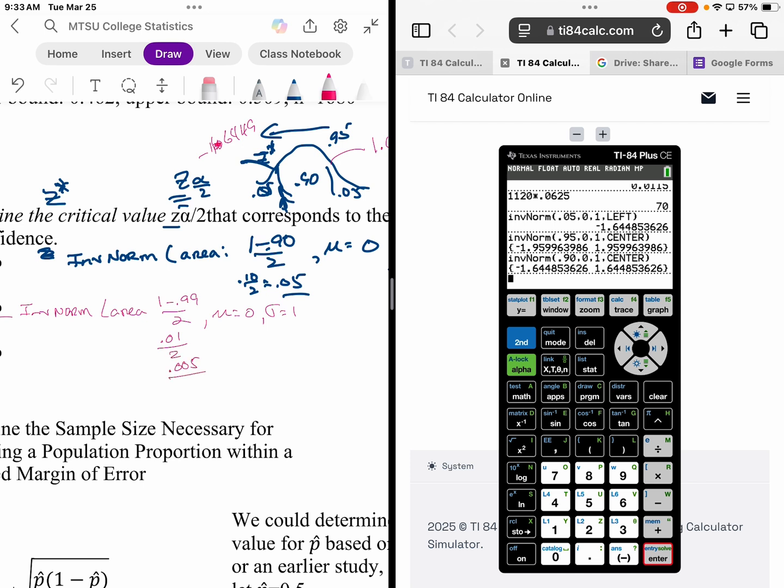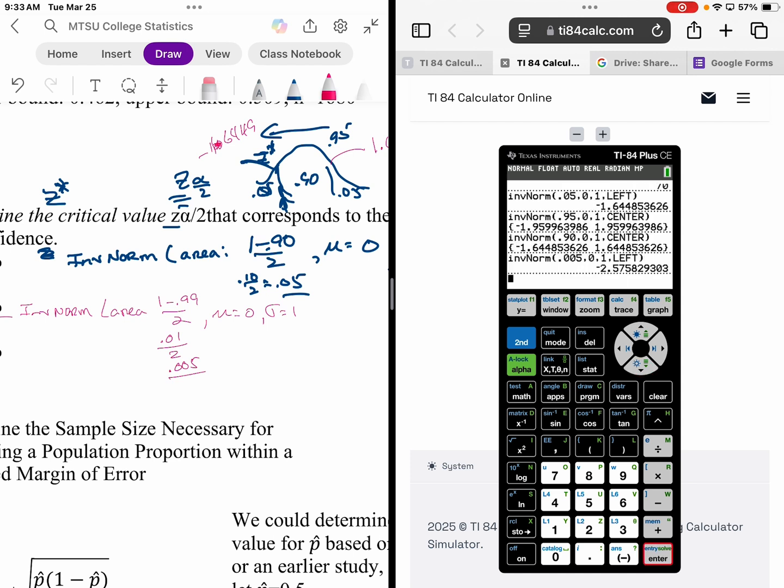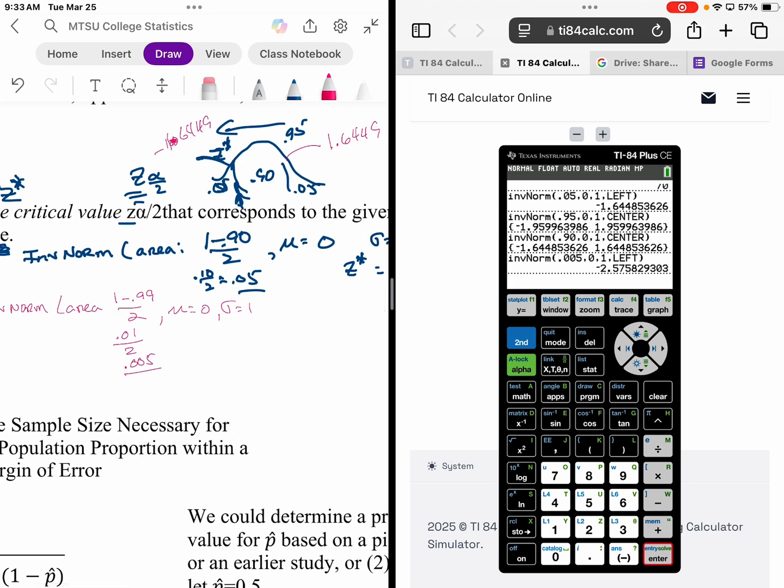That is what the area is to the left, 0.005. So second vars down to inverse norm, 0.005. And again, I'm doing the left. I hit paste. And this tells me that I have a Z star for this one of 2.5758.